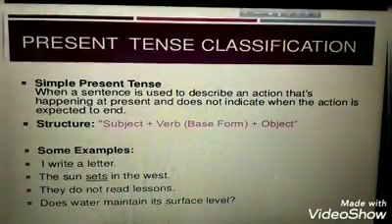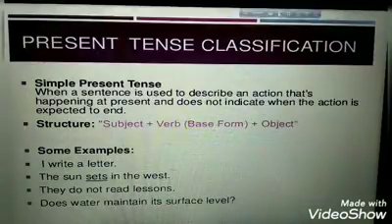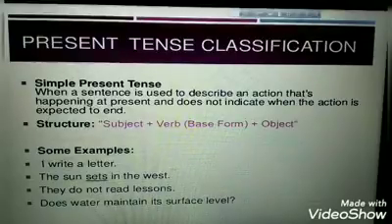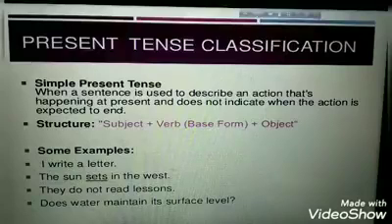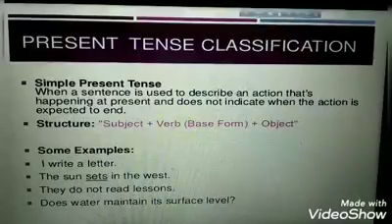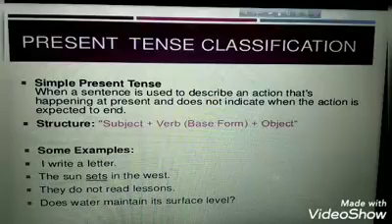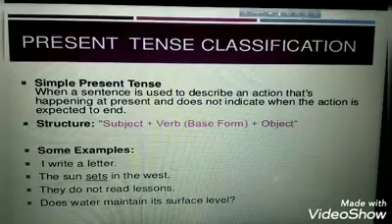So next we'll see simple present tense. So what is simple present tense? When a sentence is used to describe an action that's happening at present and does not indicate when the action is expected to end.